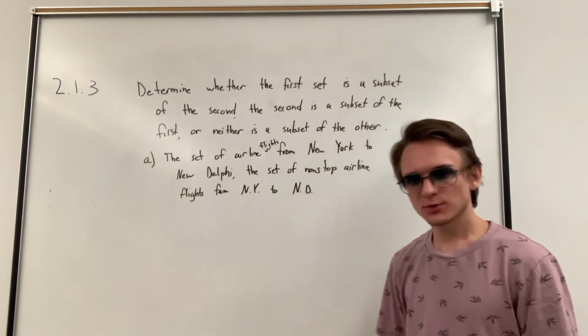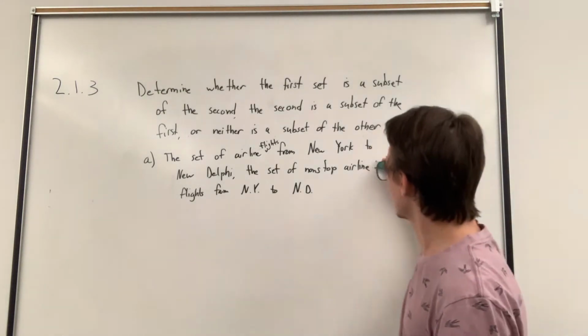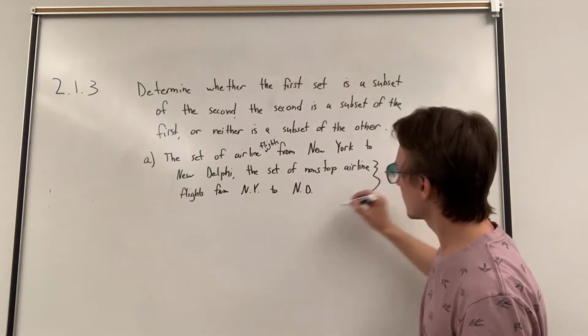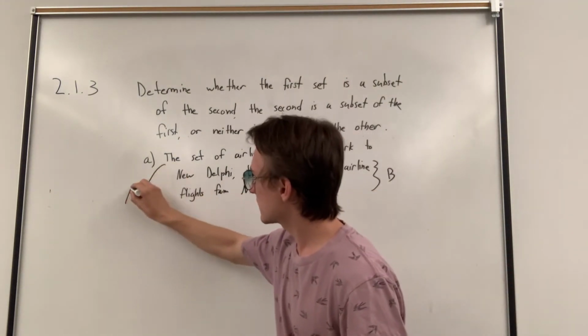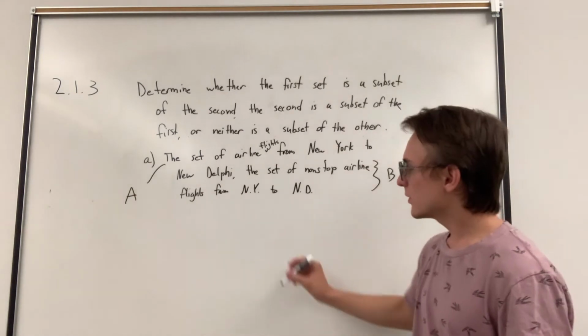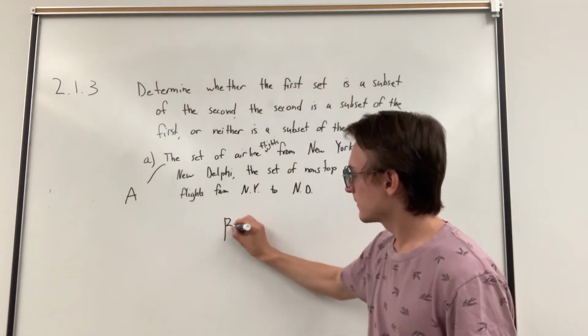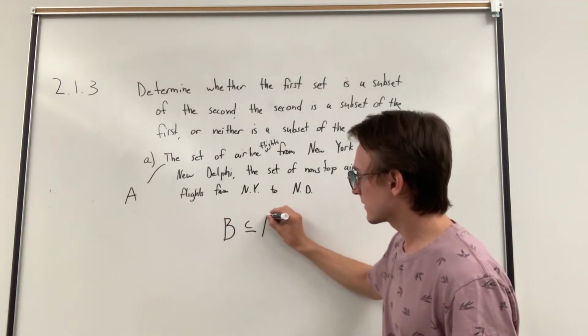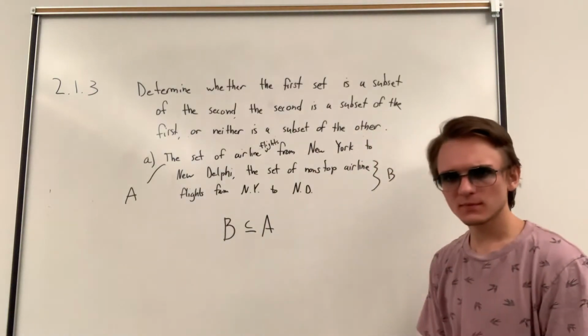So our solution then would be, assuming that the second set is B and this first set is A, we would say that B is a subset of A, right?